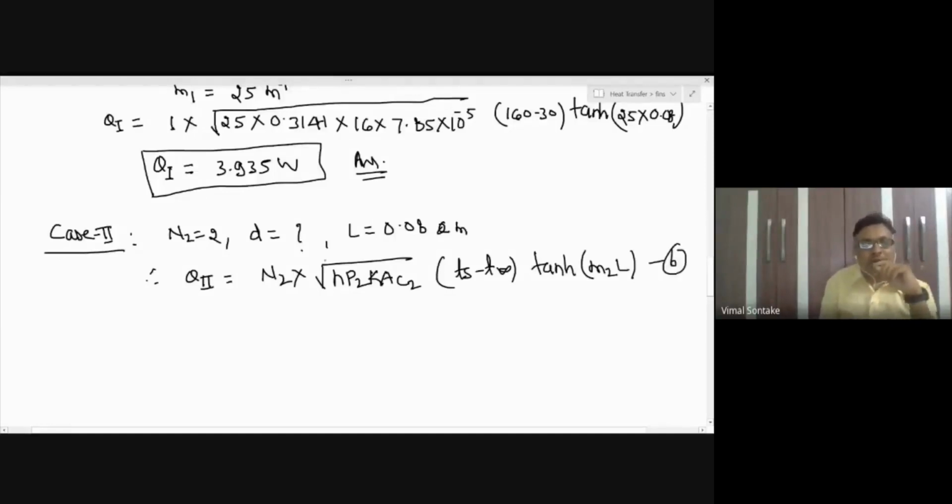But here the big problem is how to calculate this diameter d. So this is the beauty of this problem. Now can someone suggest how can I calculate small diameter d? Unless I could calculate d, I cannot calculate perimeter, cross-sectional area and m2 value. So I cannot calculate Q2. So for that, you need to go to problem statement once again.